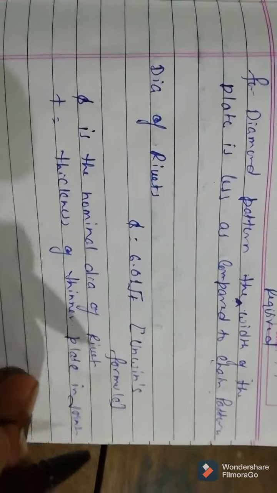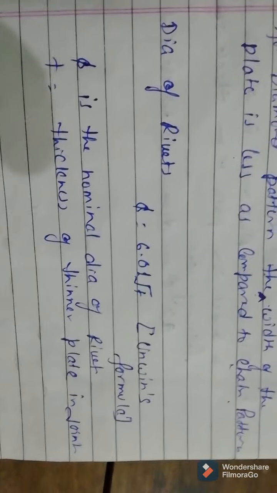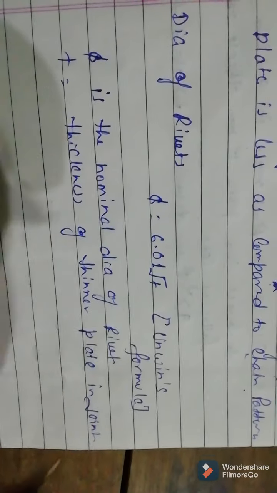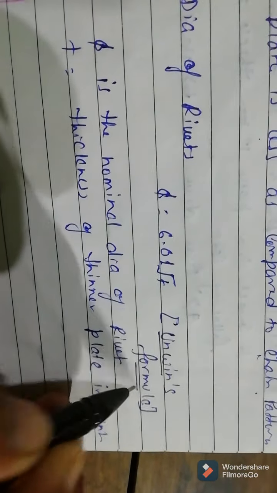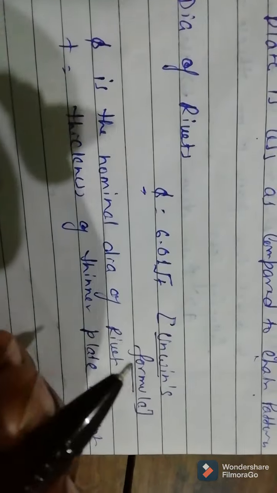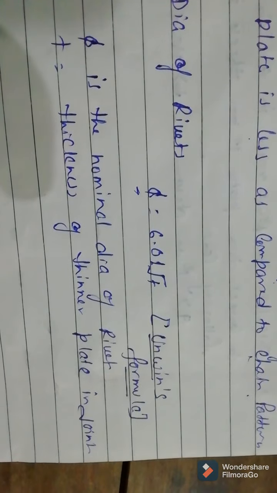So now next is the diameter of the rivet. Sometimes in your questions the thickness of the plate is given and the diameter is not given. For this, very important is Unwin's formula. Here phi is the nominal diameter and d is the gross diameter.